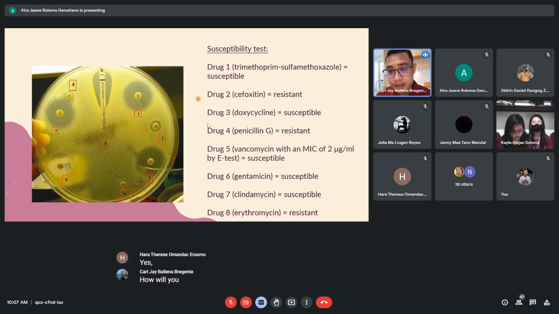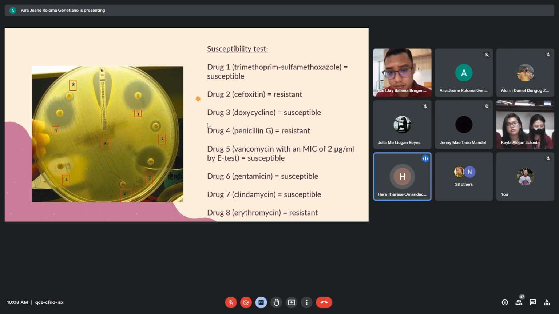How will you differentiate Staph aureus from other staphylococcal species? Sir, coagulase test, sir. What's the principle of the coagulase test?